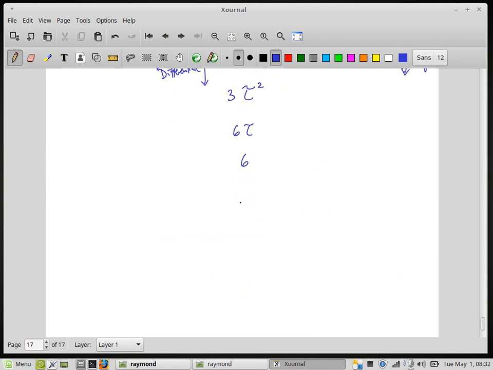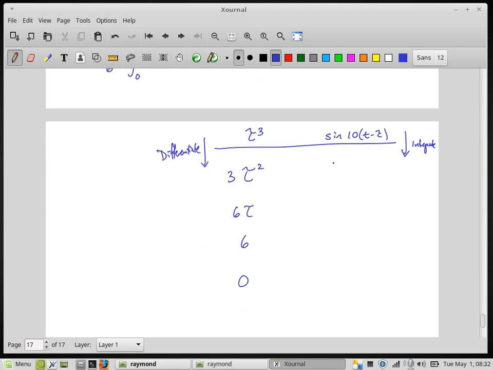The integral of sine is negative cosine, and we're integrating with respect to tau, so we're going to get a negative 10 out of that integration effort. Now we integrate again, sine 10 t minus tau.